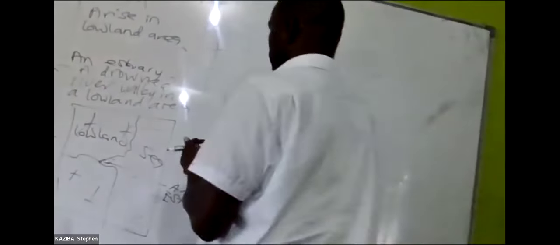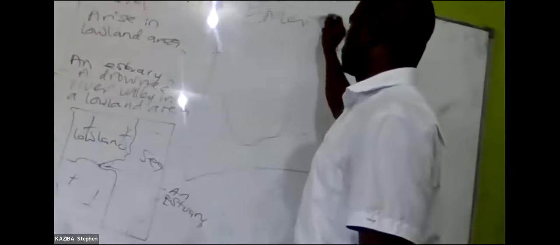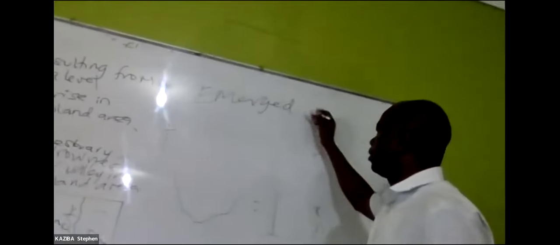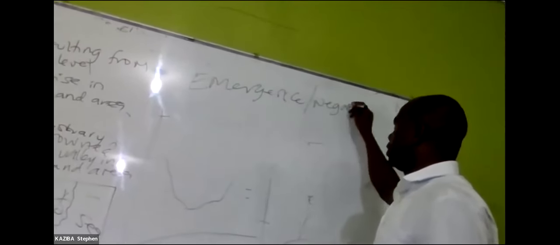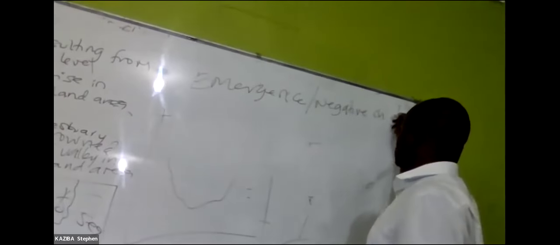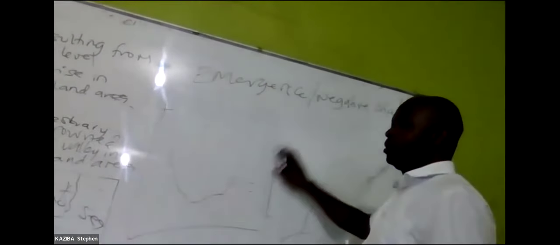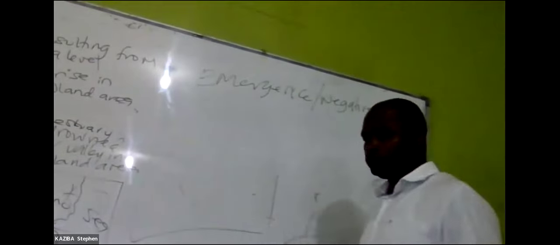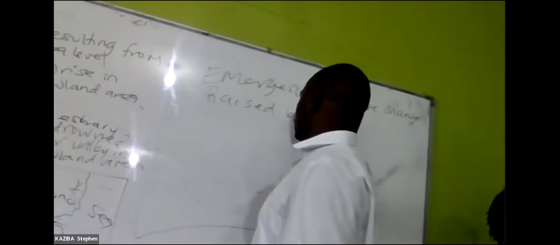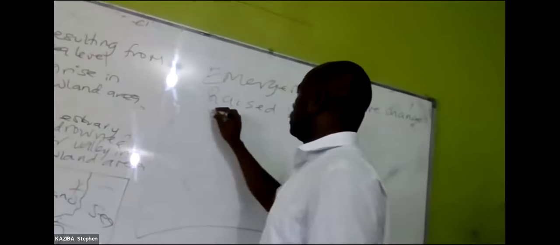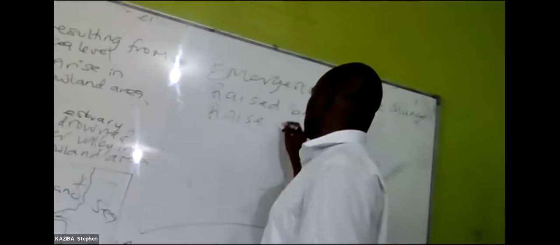Then when you go to the other side of the varied coastlines, emergence or negative change. You talk about raised features. These are very easy, you can read.